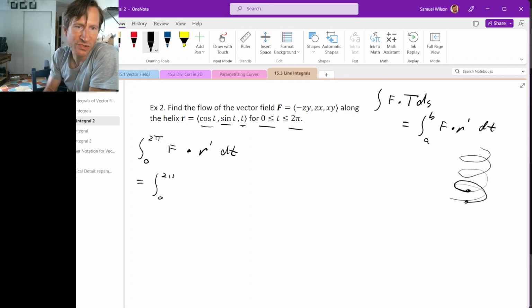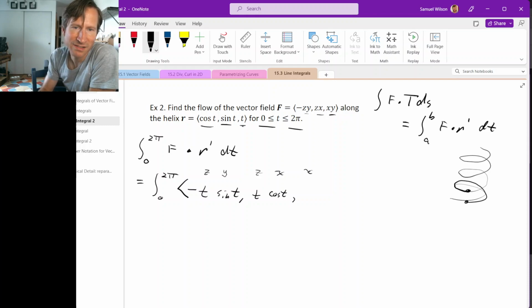So it's the integral from 0 to 2 pi of, now it's going to get a little tricky when we start plugging in all our coordinate functions into this. So minus z is t, right, so that's z, times y, and y is sine t. Okay. Now we need z times x. Z is t, and x is cosine t.